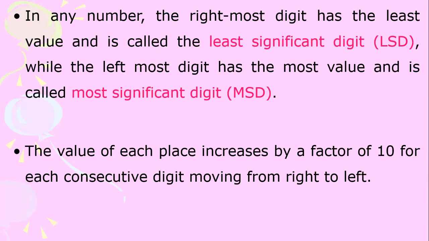The value of each place increases by a factor of 10 for each consecutive digit moving from right to left. My dear students and the rest of the learners, note that we are speaking of a factor of 10 because we are dealing with decimal. If it was octal, it would be a factor of 8. If it is binary, it is a factor of 2. If it is hexadecimal, it is a factor of 16.